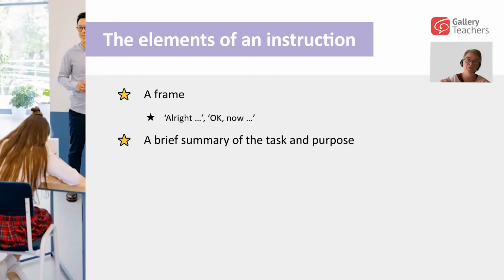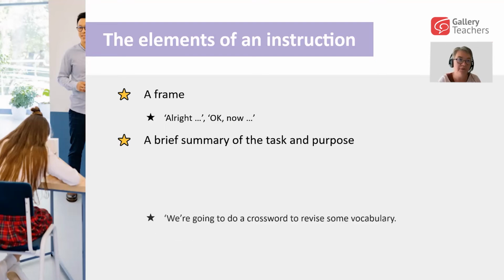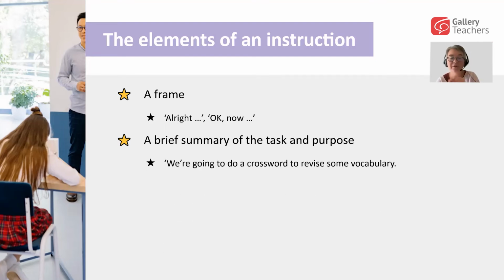So here you go. You have your students doing a written task. You want to move to a speaking task. So you get their attention with your frame. You go, okay, all right, now. And you slide into a summary of the new task. We're now going to do a crossword to revise some vocabulary.